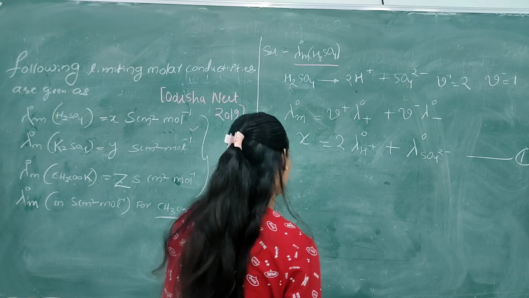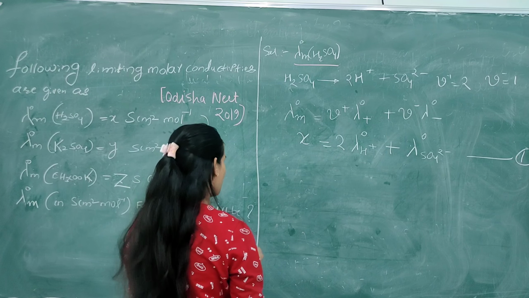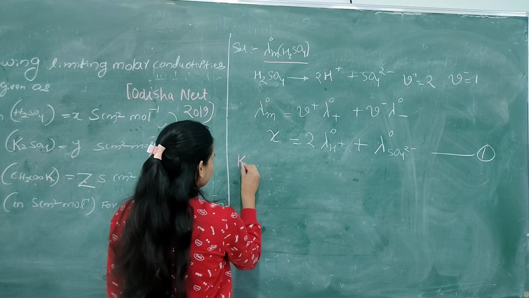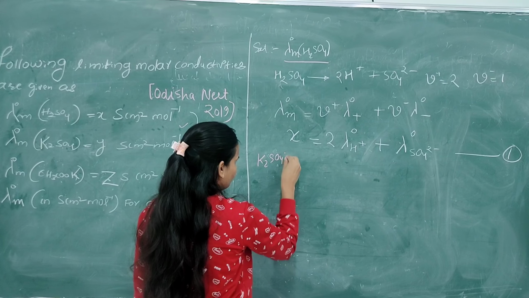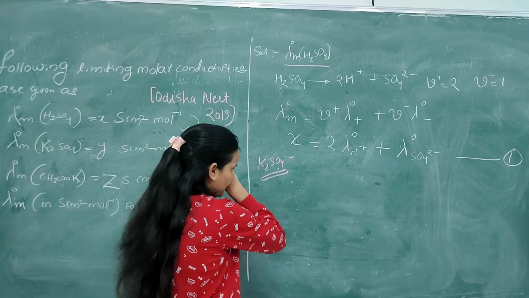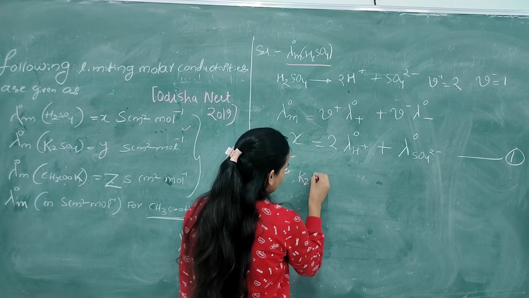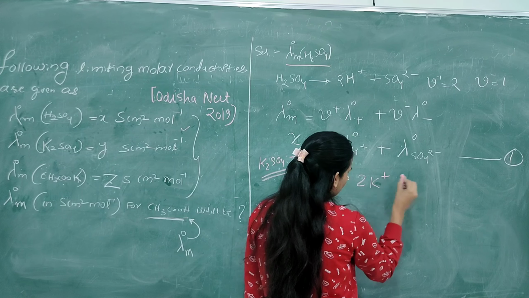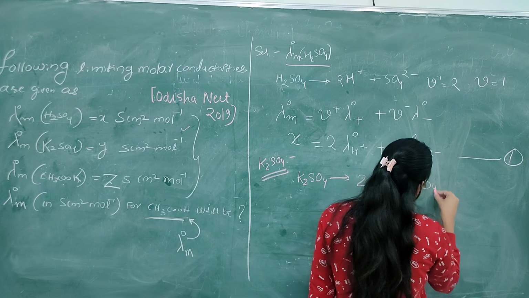Okay, another equation. Now we will do the same thing for K2SO4. K2SO4 will dissociate like a strong electrolyte, directly giving 2K positive, SO4 2 negative.